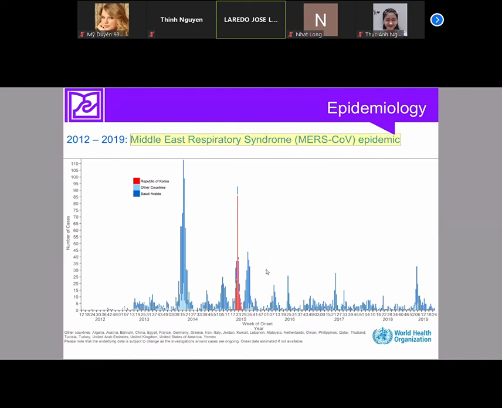They have a lot of experience, so they can fight more efficiently. This epidemic of the MERS coronavirus has been found until half of 2019. So this virus maybe has not disappeared yet.